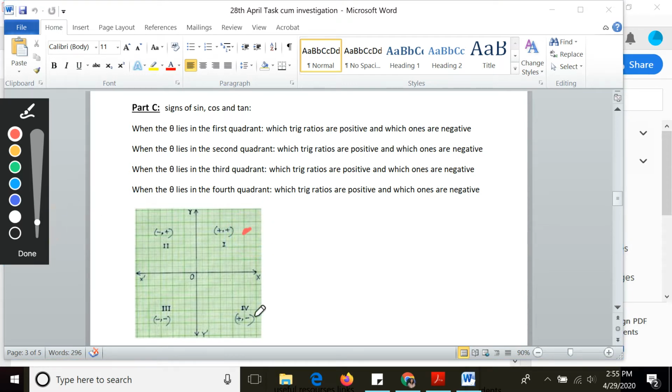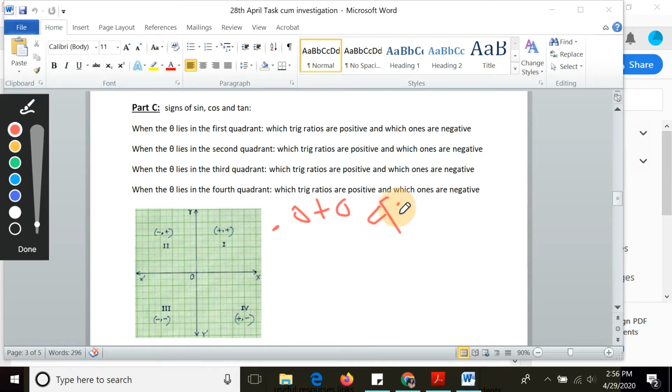Here, in the first quadrant, from 0 to 90 degree, your sine theta, cos theta, and tan theta were all positive.